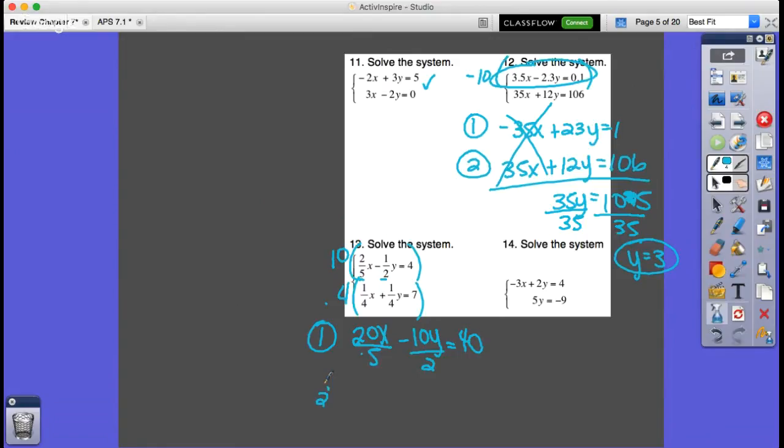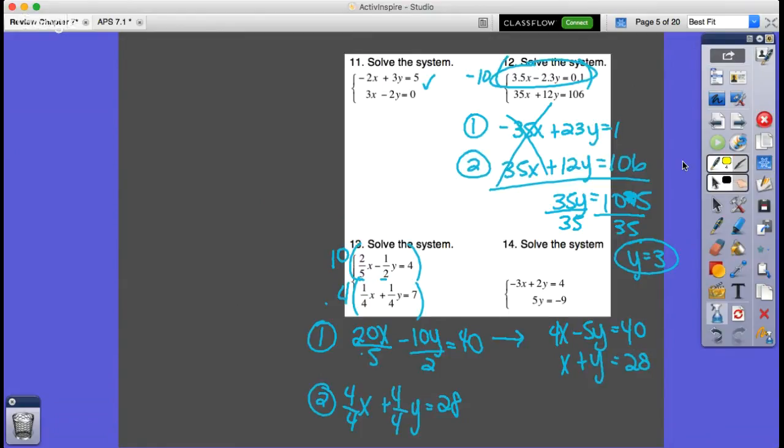And in equation 2, we could get 4 over 4x plus 4 over 4y equals 28. Okay? So in equation 1, we get 4x minus 5y equals 40. And on the second one, we get x plus y equals 28.